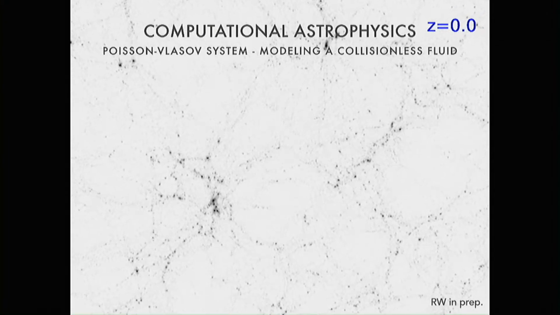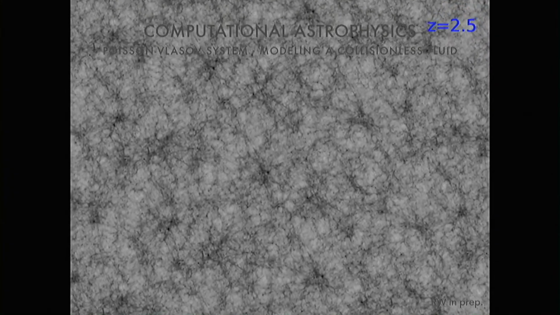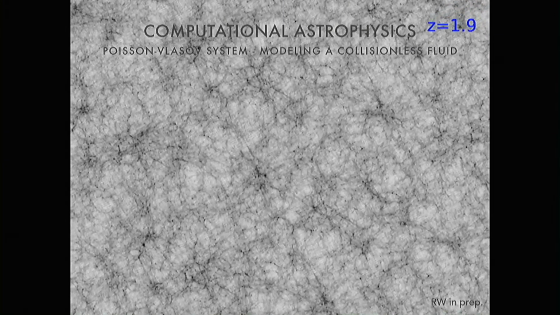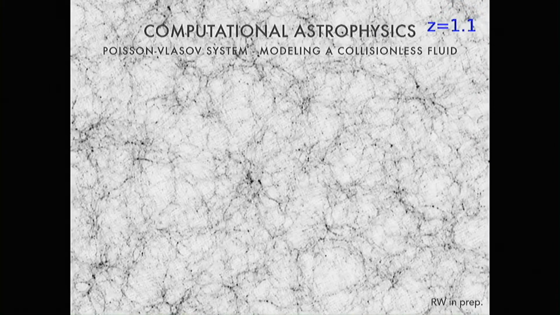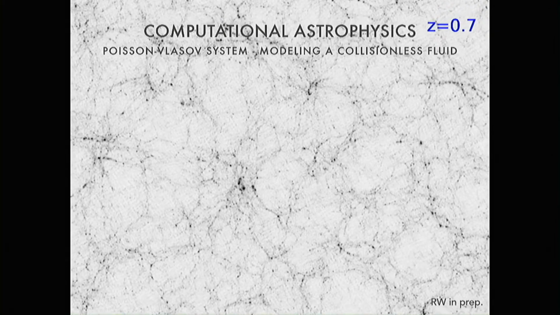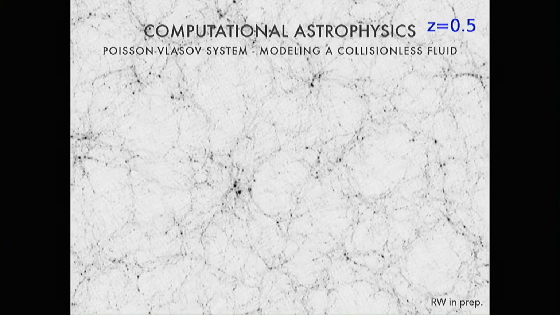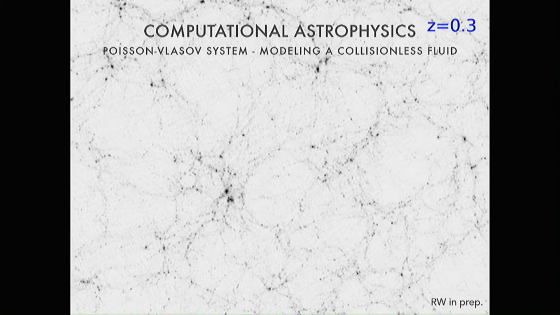This can be described by a collisionless fluid using the Poisson-Vlasov equations. We solve these equations by sampling the phase space distribution function with discrete particles and approximating the mutual interaction of these particles.